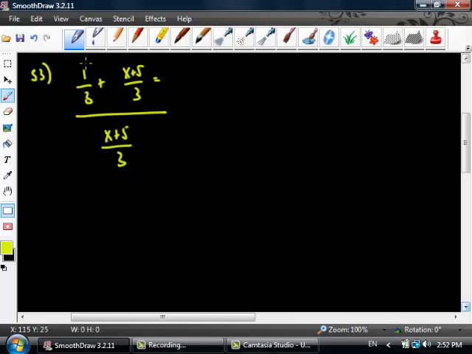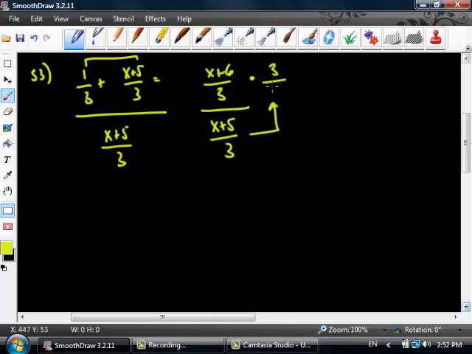So I can just combine like terms. This is x plus 6 over 3 over x plus 5 over 3. The bottom x plus 5 over 3 will flip to the top, and it'll become 3 over x plus 5. The 3's are going to cancel each other out, and you end up with x plus 6 over x plus 5.